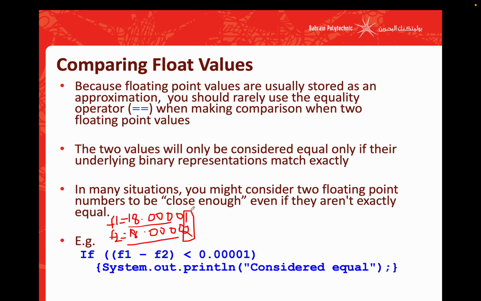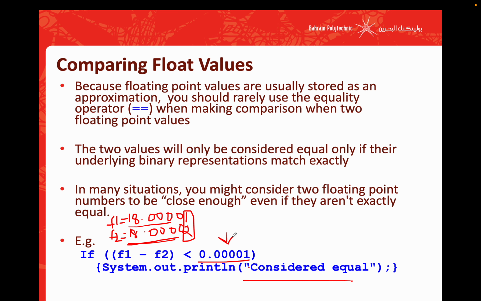Because of this little difference, the two numbers will not be considered the same, only because of that ending digit. So what can be done to consider if two numbers are almost the same? Let's say we don't want to look at all the precision, we just want to make sure that for the most part the number is the same. What you can do is subtract these two numbers, and if the difference is smaller than this number, for example, you can consider them equal. This can be any number of your choice, as long as you want, depending on how close you want the difference to be.